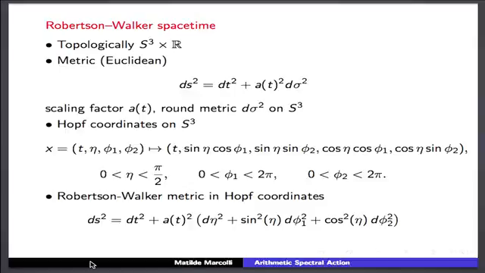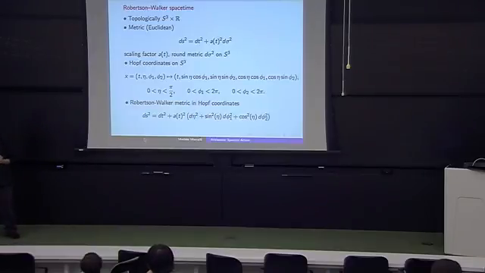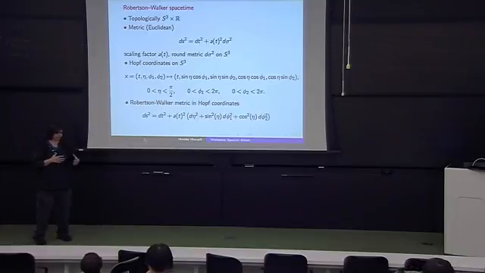So the kinds of manifolds that give interesting results for what I'm going to say here are the Robertson-Walker metrics, where you have this S3, a round sphere metric. And some generalizations, which are these Bianchi-9 spacetimes, which are no longer isotropic.